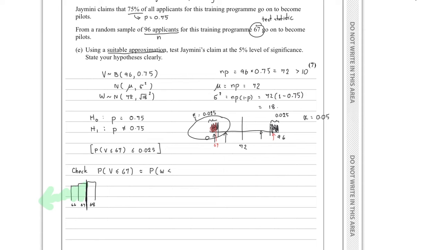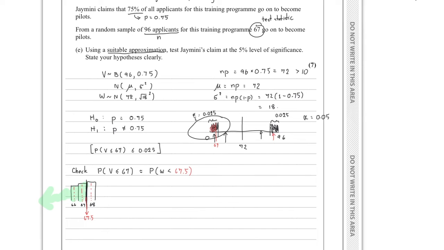In continuous random variable, the line in the middle of each bar is considered the value, so this one is 68 and this one is 66. So the line in between, like this line, that is 67.5. The region that we wanted starts from 67.5 from the continuous random variable's perspective. So by applying continuity correction, W has to be less than 67.5.